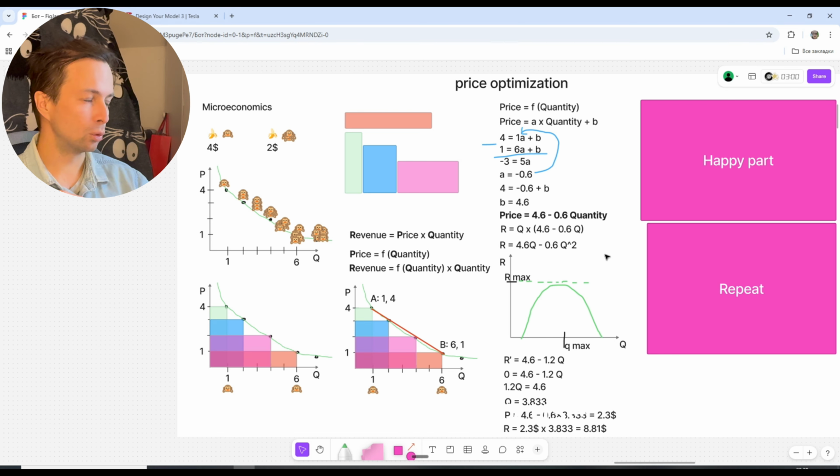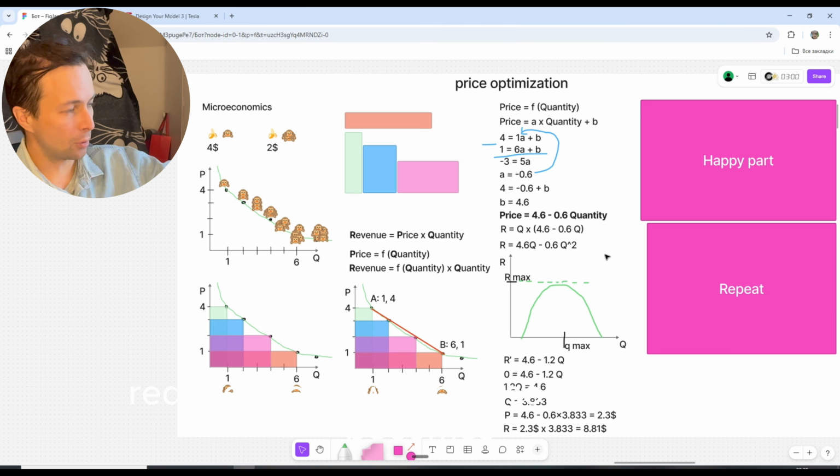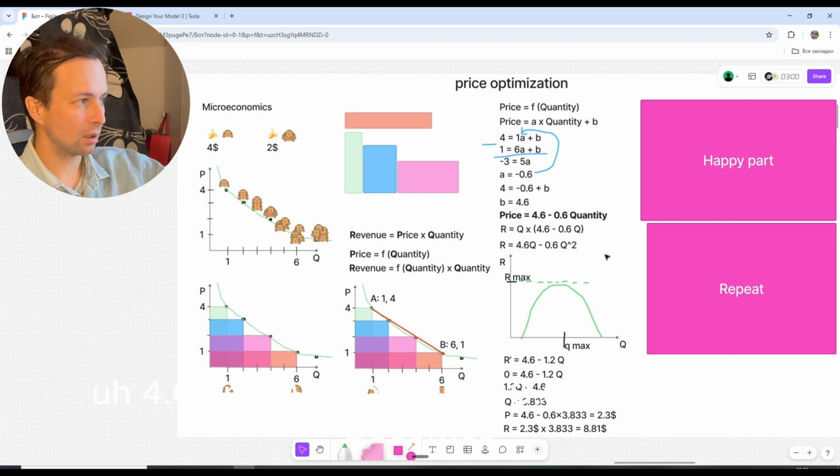You just need to multiply the power by the multiplier next to it and reduce the power by 1. So 4.6q becomes 4.6, and minus 0.6 q squared becomes 0.6 multiplied by 2, which is minus 1.2, and q squared becomes q.